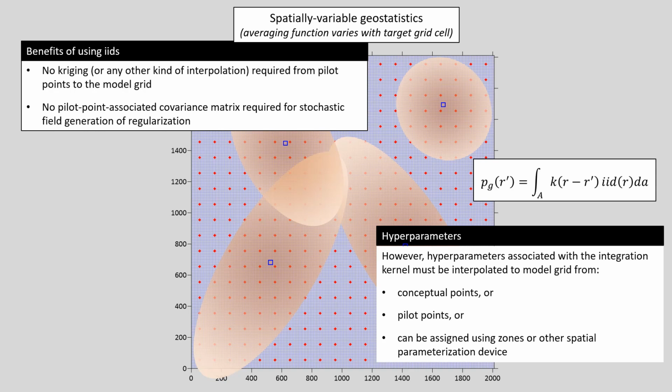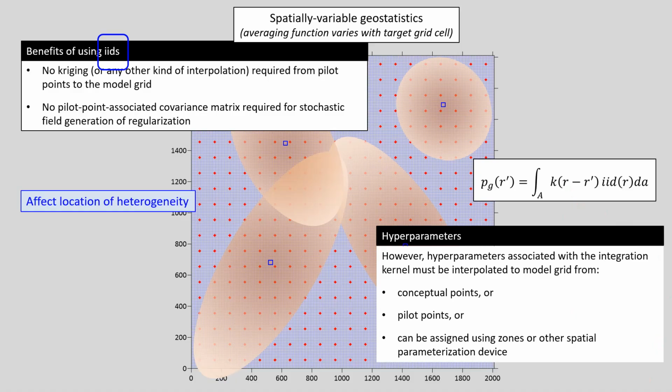I can interpolate from so-called conceptual points, which is the subject of another video. These are just pilot points, probably further apart than normal pilot points, which host the values for the geostatistical hyperparameters. Or I can assign the geostatistical hyperparameters to the pilot points. Or they can be assigned using zones based on geology. Either way, all cells within this model domain have to have the hyperparameters required to construct the local kernel.